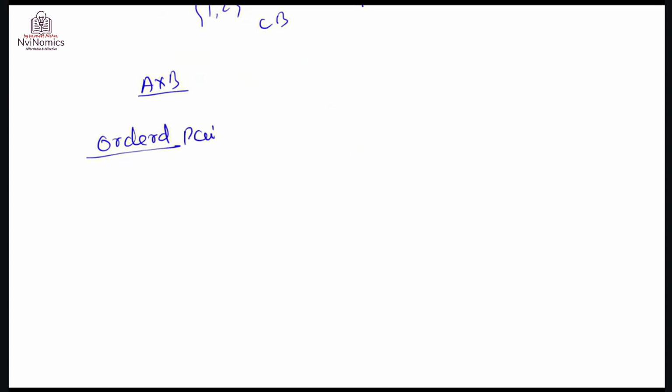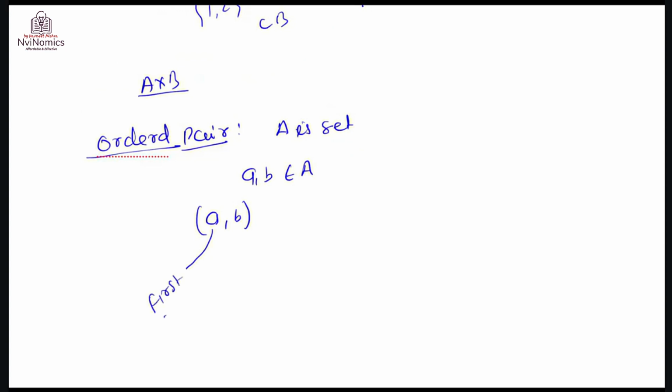Suppose we have a set A, and we consider A non-empty, and there are two elements a and b belonging to A. Then we write (a, b), and we say this is an ordered pair, where a is called the first coordinate and b is called the second coordinate.